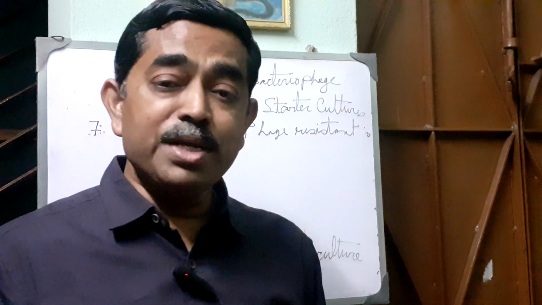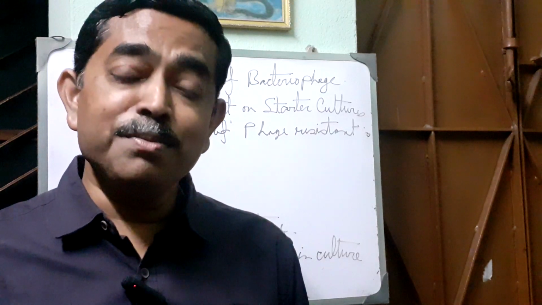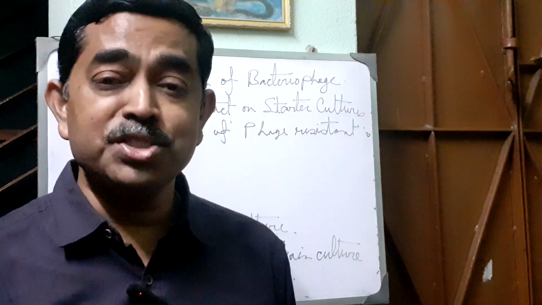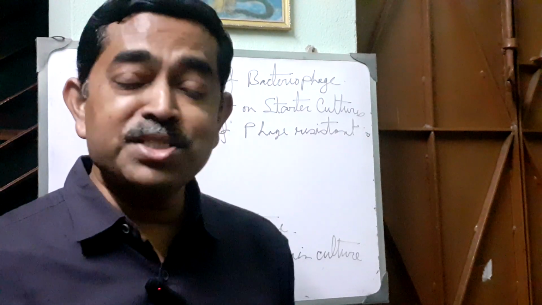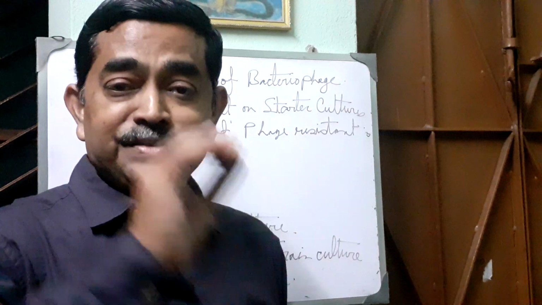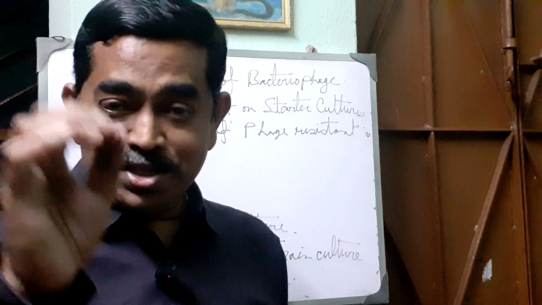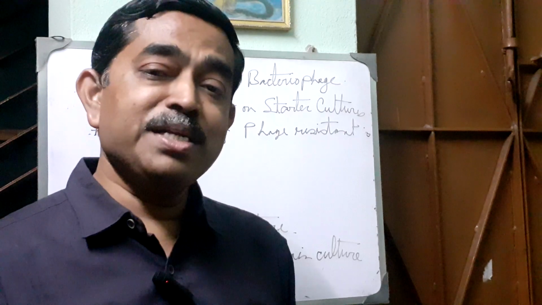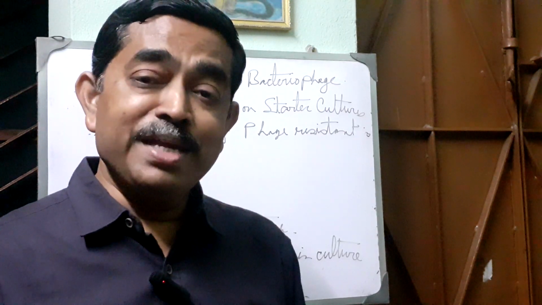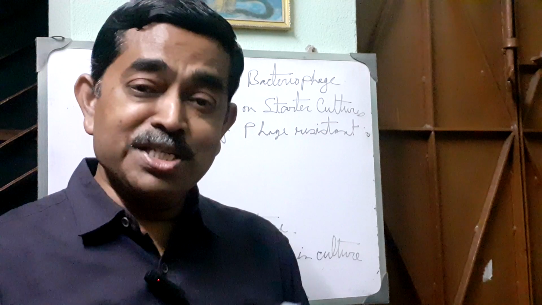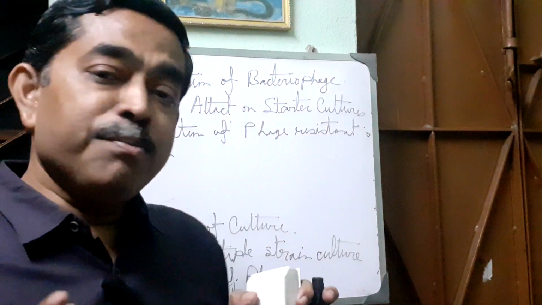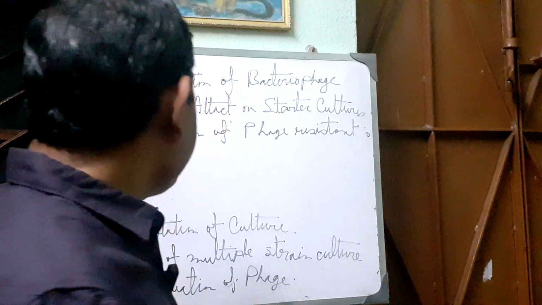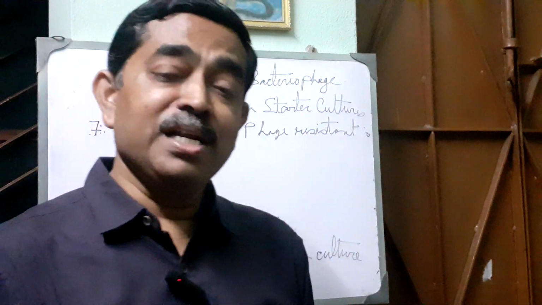We can grow the starter culture in the presence of some phage. What happens? Sometimes phage will go to the lysogenic cycle, and they will integrate their DNA into the starter culture DNA. So that's why the starter culture will acquire resistance to this particular phage. This is called superinfection immunity. In this way, we can develop some phage resistant strains.